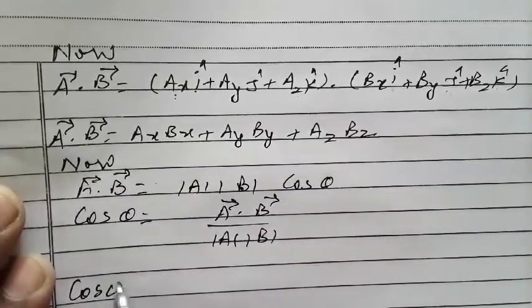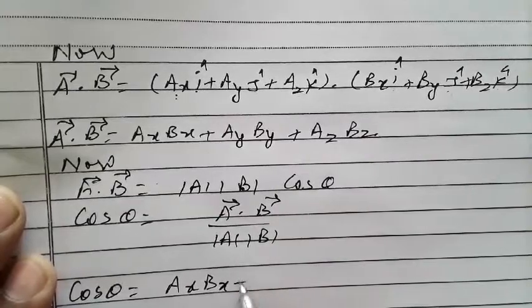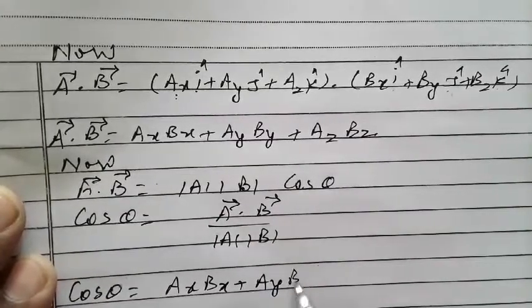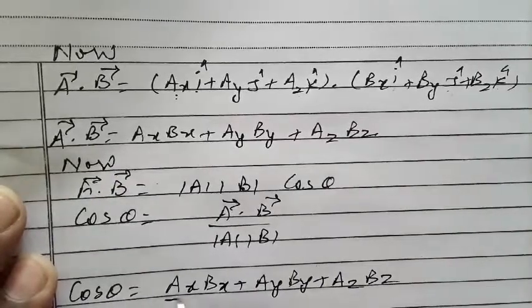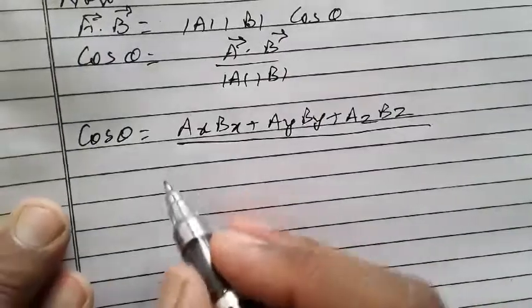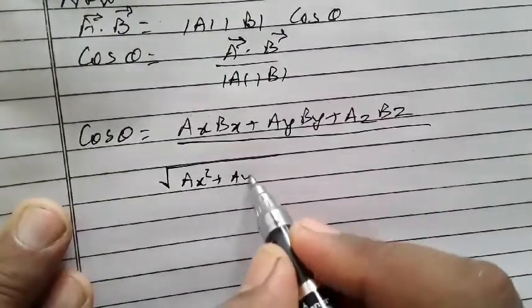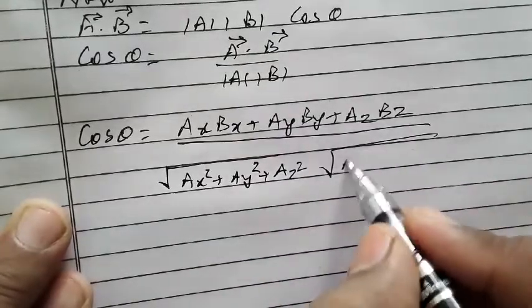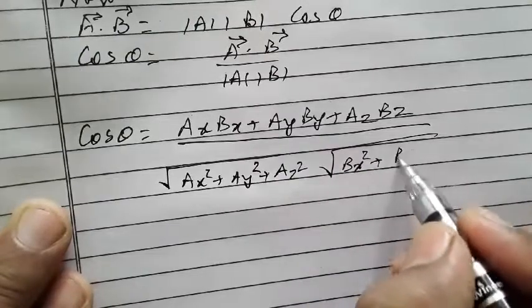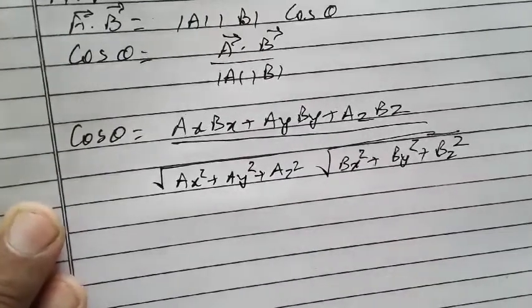So cos theta is equal to ax bx plus ay by plus az bz upon modulus of a, under root ax square plus ay square plus az square, times under root bx square plus by square plus bz square.